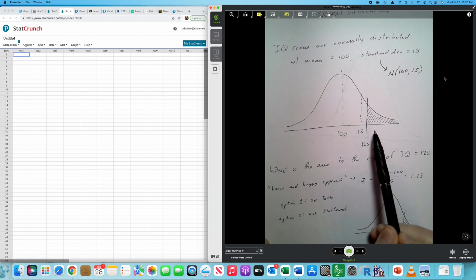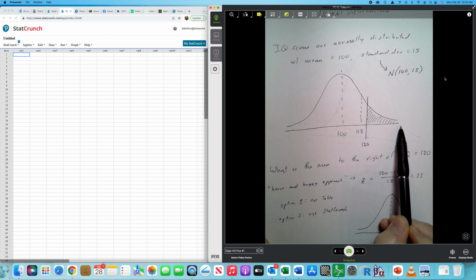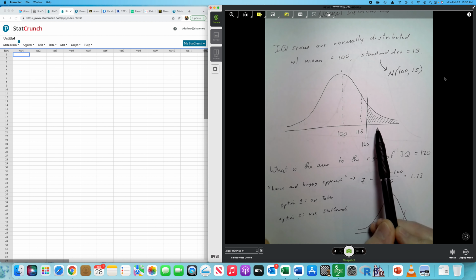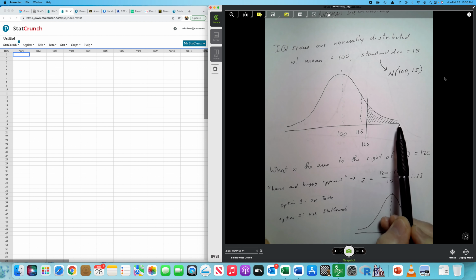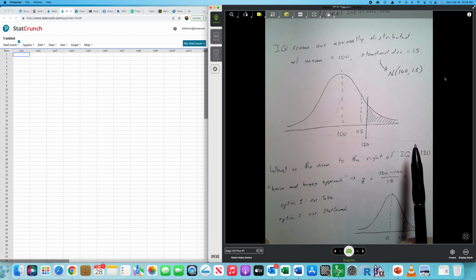What is the area to the right of 120 in a distribution of IQ scores is equivalent to saying if we select a person at random, what's the probability their IQ is greater than 120? Those are equivalent statements.